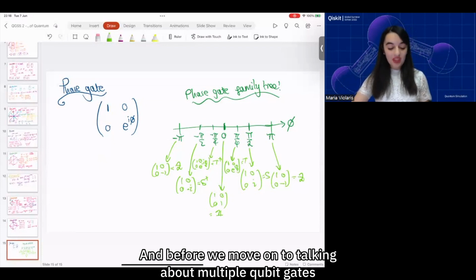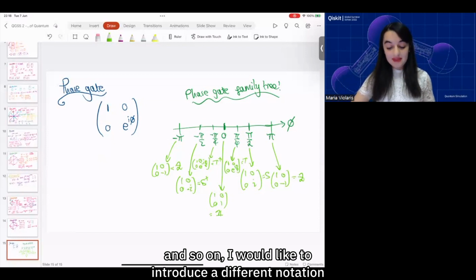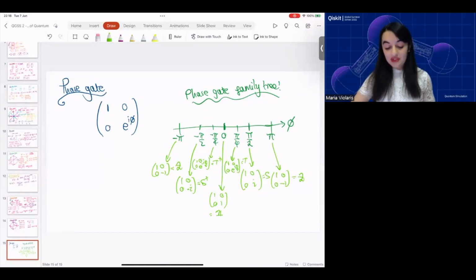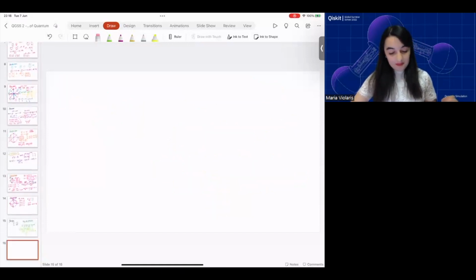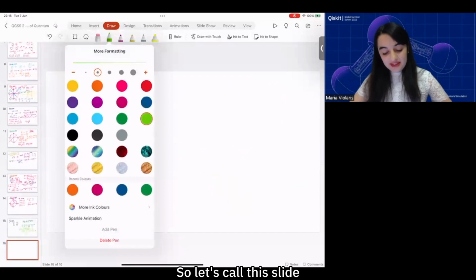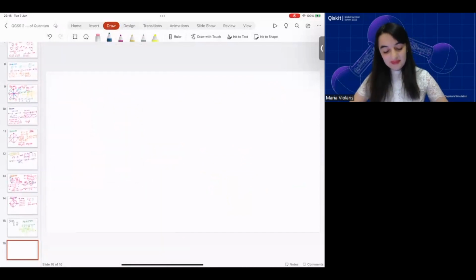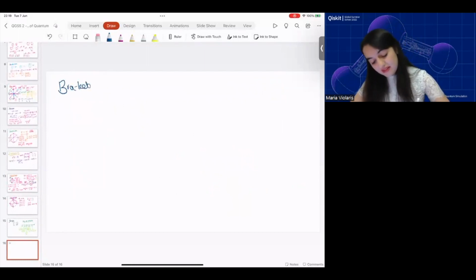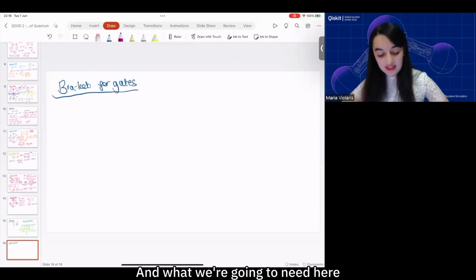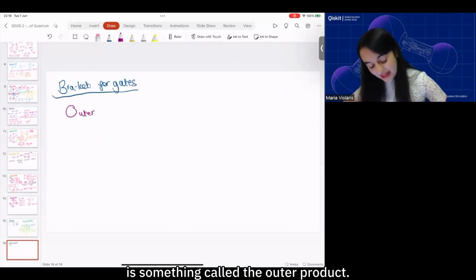Before we move on to talking about multiple qubit gates and so on, I would like to introduce a different notation for looking at how we write gates. So let's call this slide Dirac notation or bracket notation for gates. What we're going to need here is something called the outer product.